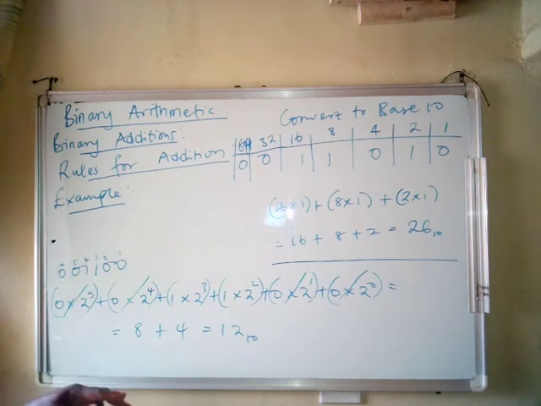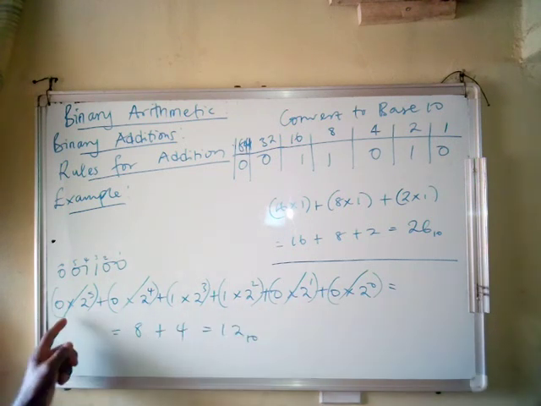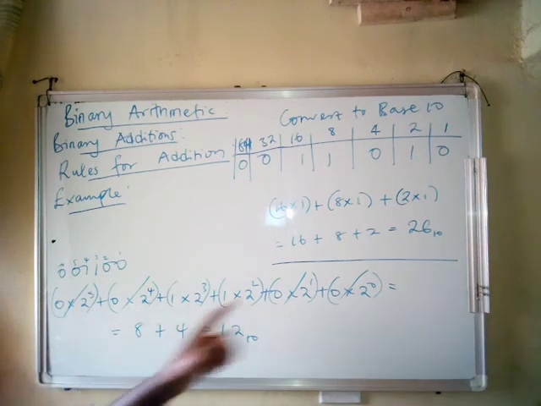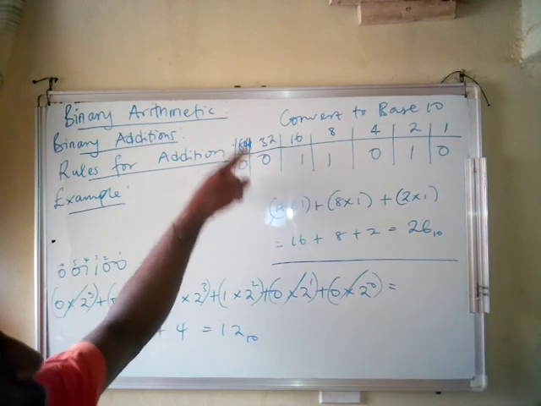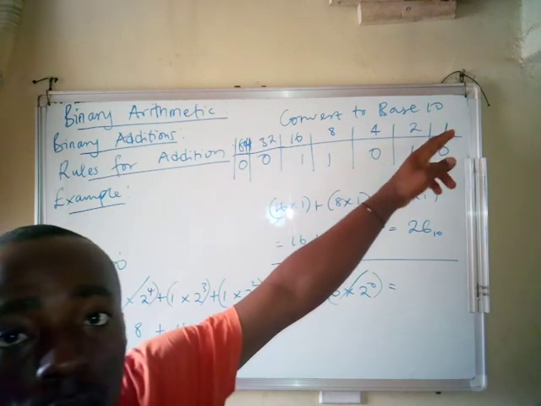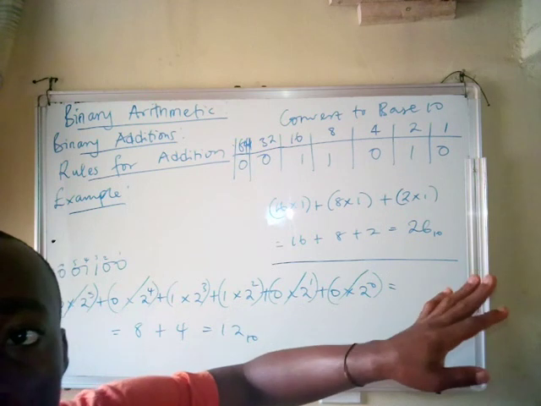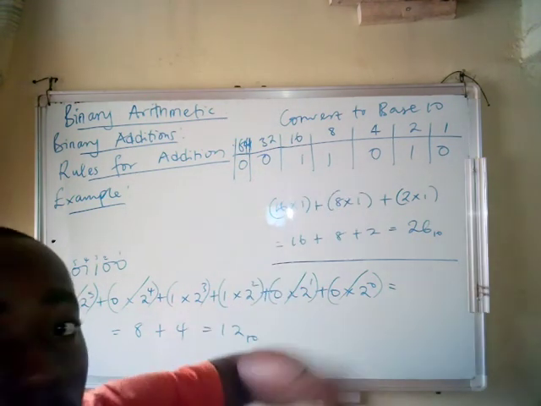So notice that if I use this pattern, I will have to declare all, even 0 has to be declared. But check here, I didn't start saying 0 times 64, 0 times 32, 0 times 4, 0 times 1. I didn't have to do all that. It's not important. I only pick out numbers.